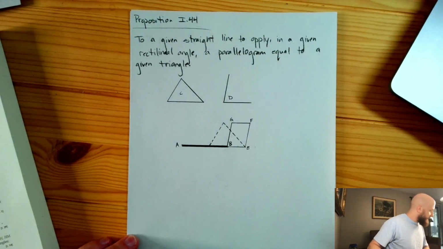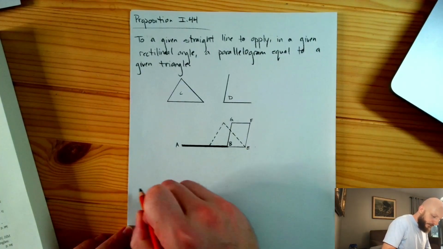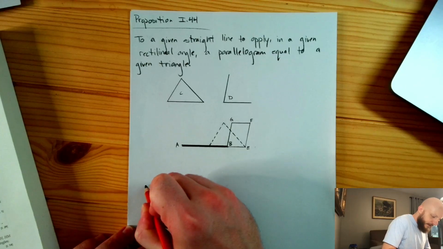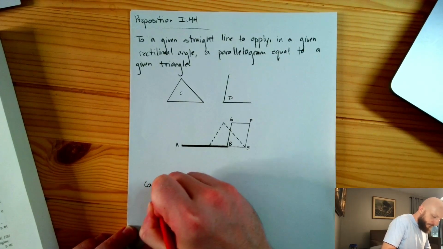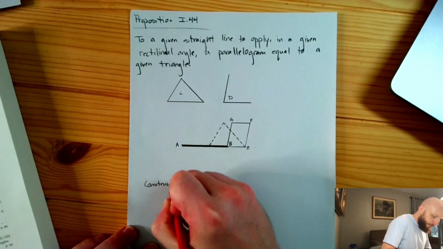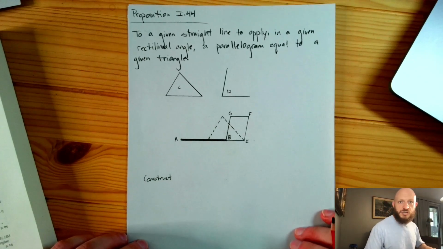So I'll write that step. I have to save myself a little bit of room because this diagram will expand. This is a construction proposition, so we need to construct it first, and then we need to prove that the construction is the required construction.